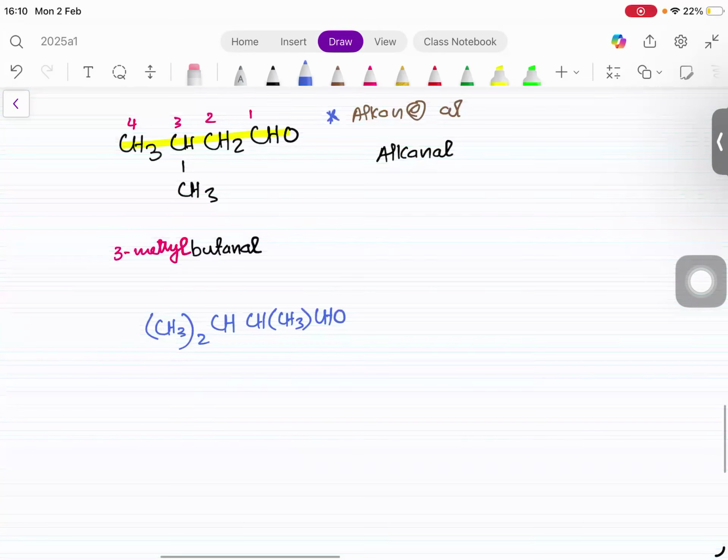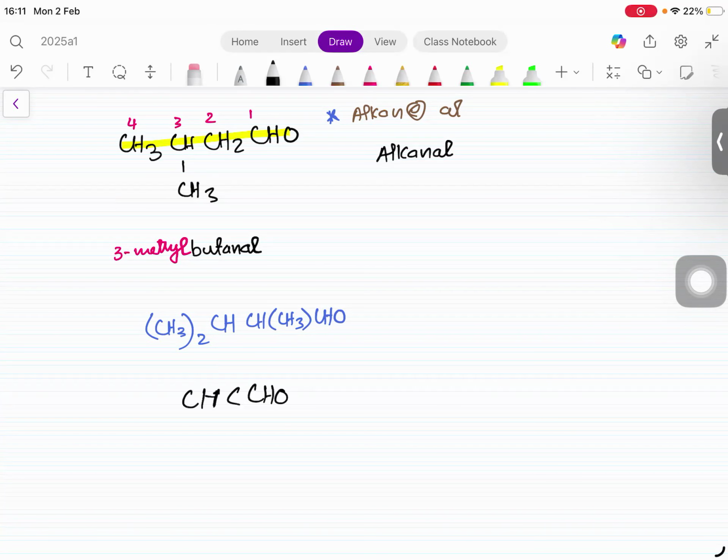Please write the name. Please write the systematic names of the following compounds. Number 1, number 2, number 3.